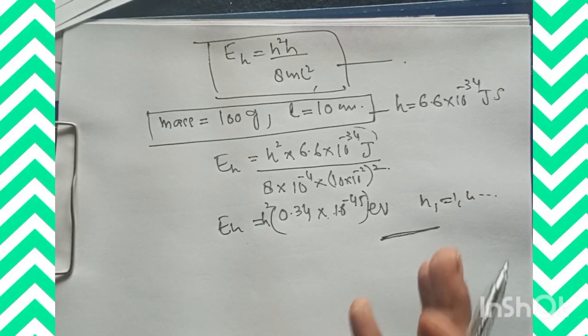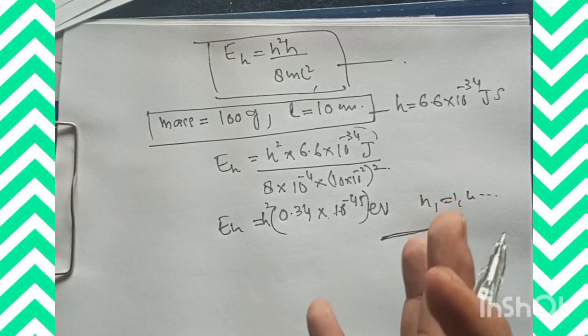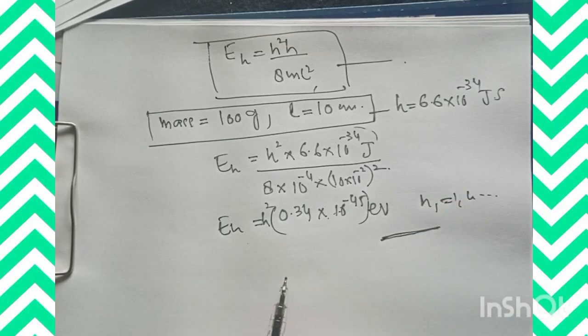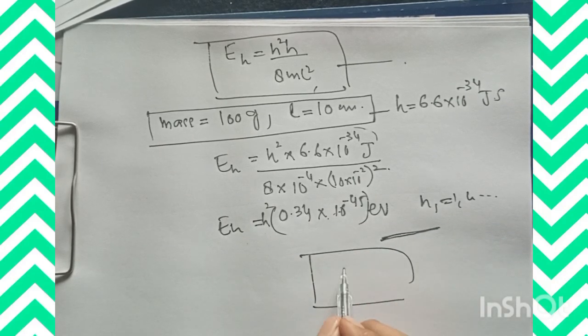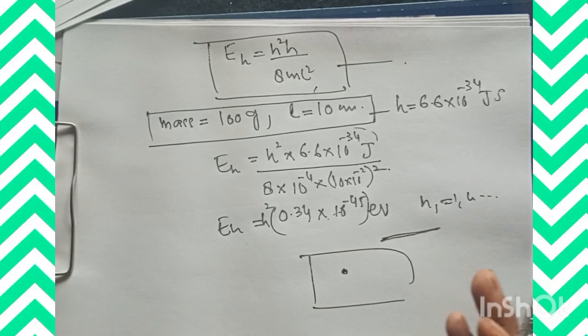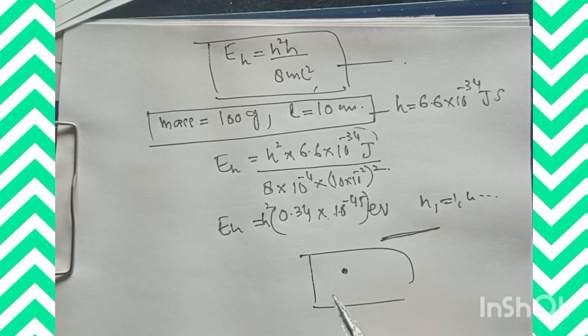That's why, in case of a macroscopic ball, you will have the continuum of energies. But here, when we have this microscopic particle inside the box, it can only have some possible energies inside the box. It cannot have all possible energies. That's what is the outcome of this lecture.